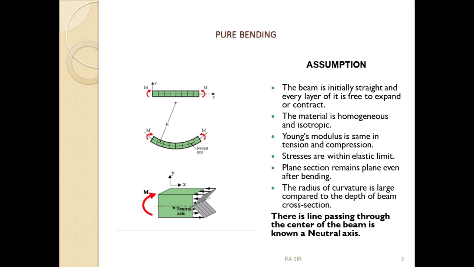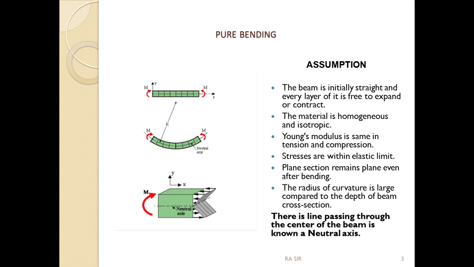Now the last two points are very important: plane section remains plane even after bending, and the radius of curvature is large compared to the depth of the beam cross section. Plane section remains plane means the cross sectional area before and after bending of the beam remains the same.